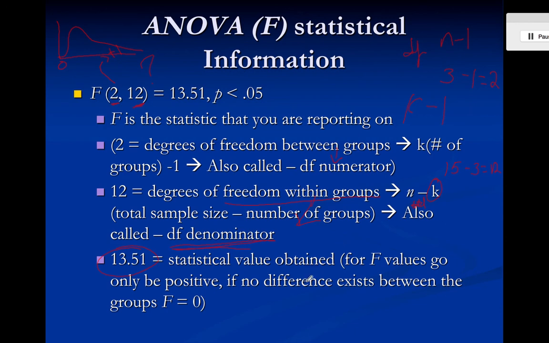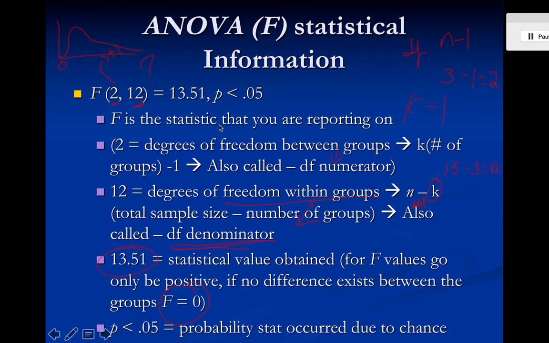Now if we were to find no differences between any of the averages, comparing group 1's average to group 2's average to group 3's average, I would have expected my F value to be 0, because if all the averages are equal to each other, the numerator of my formula would be equal to 0, and 0 divided by anything is 0. So if there were no significant differences between any of the averages, I would have expected F to be equal to 0.